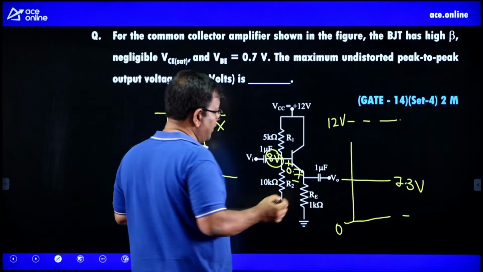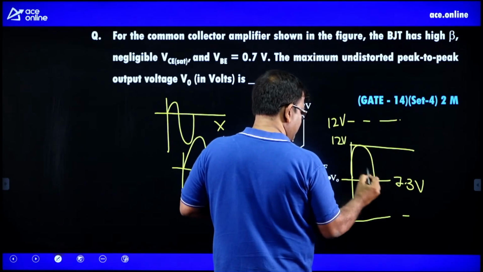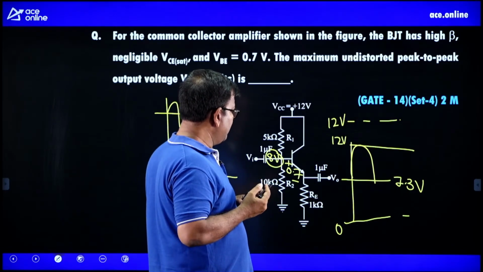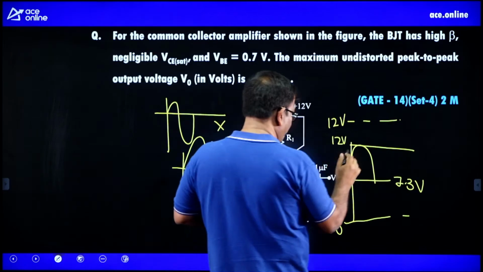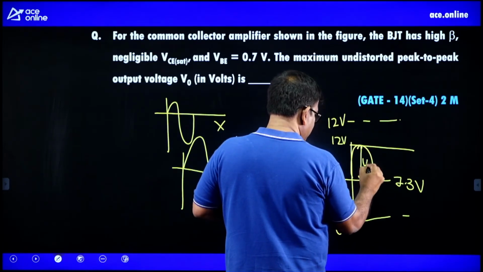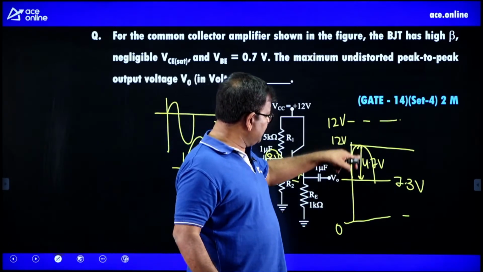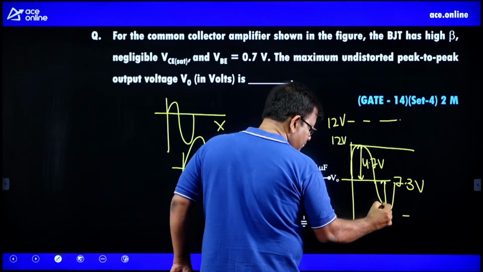I think 12 is near, because if you have 12 volt here, 12 minus 7.3 is 8, 9, 10, 11, 12, right? So that's 4.7. So you have 4.7 here, right? So this is near, so you can have a negative 4.7 also.